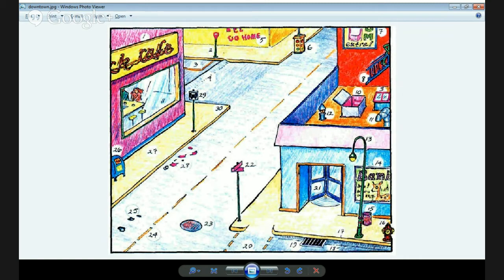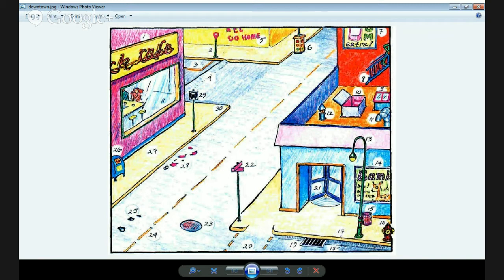A mailbox, like this. 22. That's easy. What's the purpose of 22? That one's easy, right? What's the function of number 22? What does it do for us?